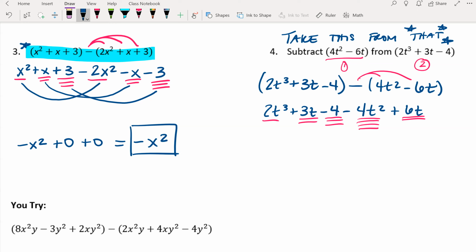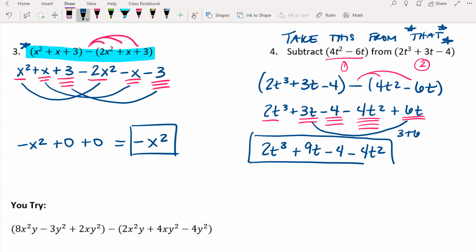Our final answer will be 2t cubed plus 3t, 3 plus 6, that's plus 9t, minus 4, minus 4t squared. And I'm not worried about y'all getting it into any kind of standard form. So that's that.